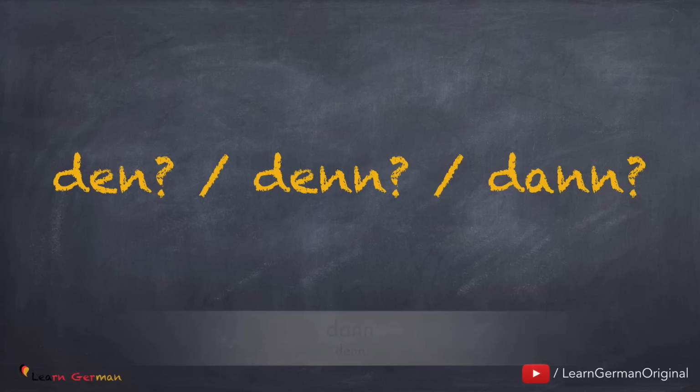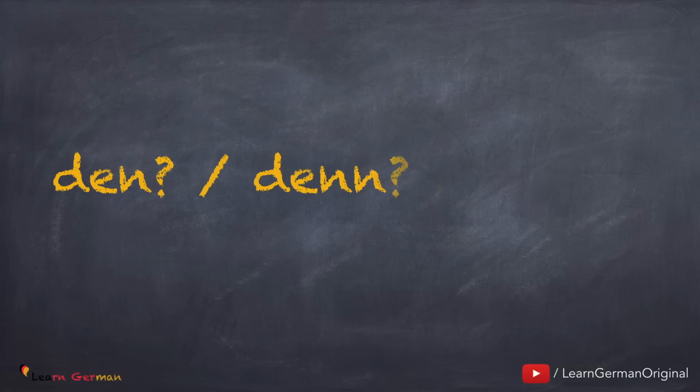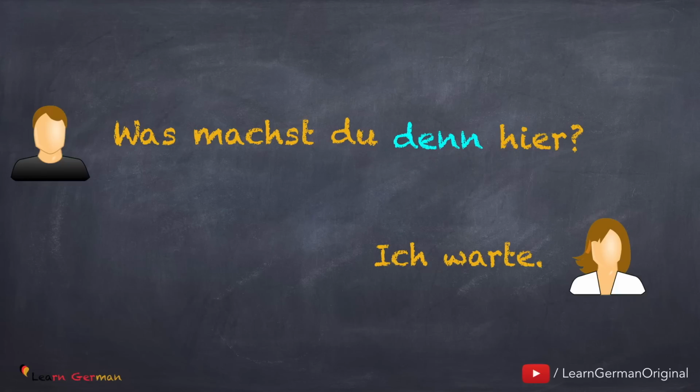And dann is the equivalent of "then" in English. And here's the first one. And your answer should be, was magst du denn hier? Ich warte. Denn is being used as a modal particle here.